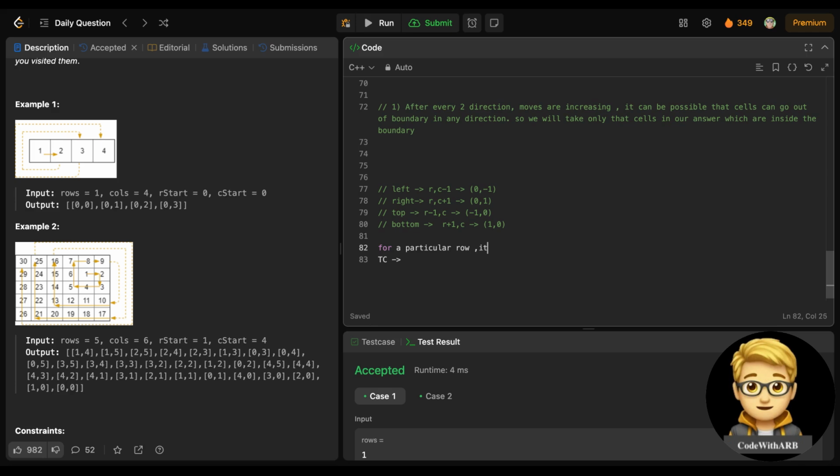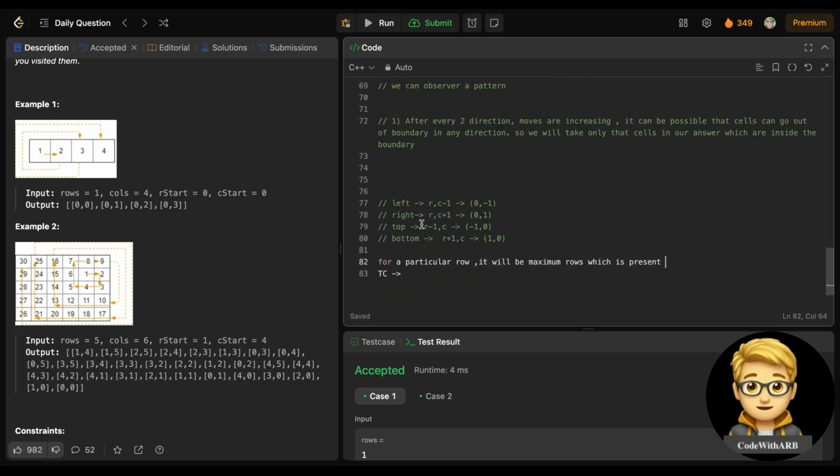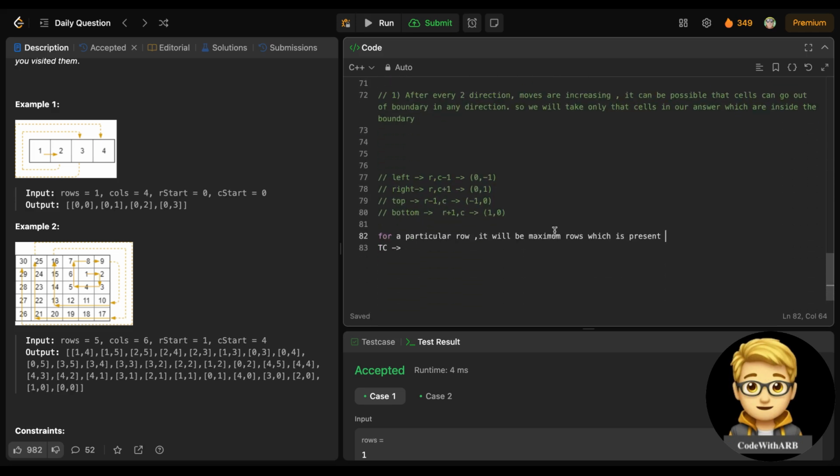It will be the maximum of the rows which is present, because each and every time I am moving one plus move from the previous one, for each two directions.